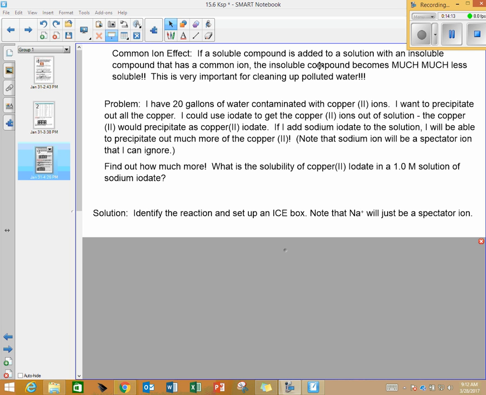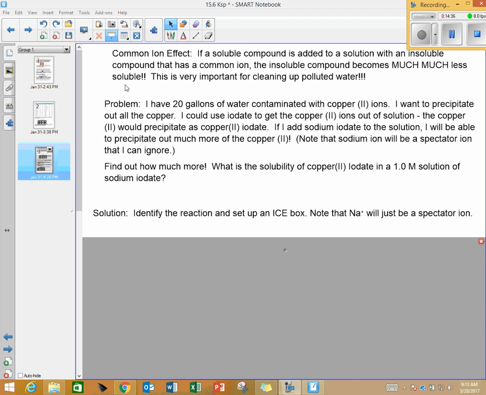When you do this, the insoluble compound becomes much, much less soluble. We use this for cleaning up polluted water. If we have something polluted with, say, lead, and we want to precipitate out the lead, I could add something that will precipitate out the lead, which will make the lead ions completely insoluble.